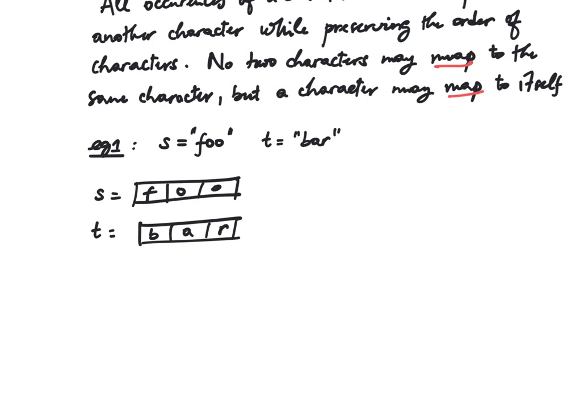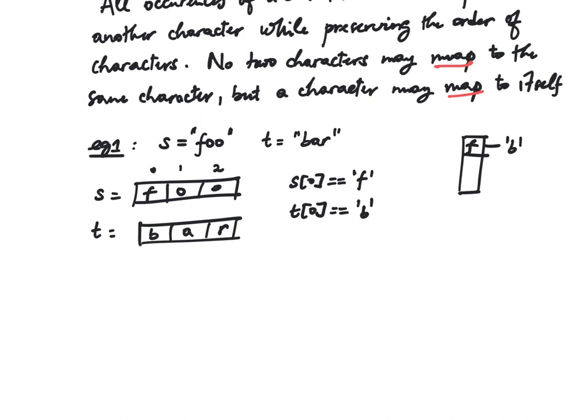So if we start traversing our strings, we can notice that S of 0 is equal to F and T of 0 is equal to B. So this is the first time, so we can have our map that has F that maps to B.